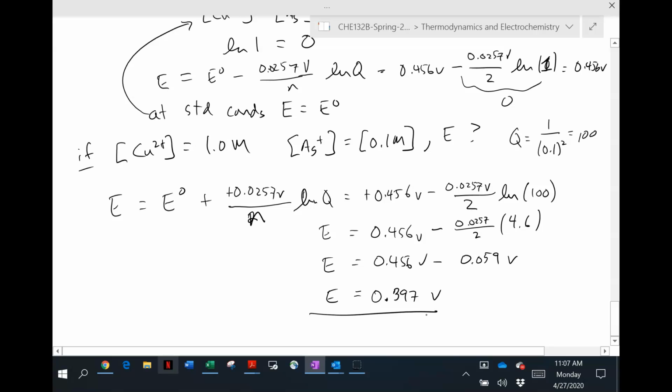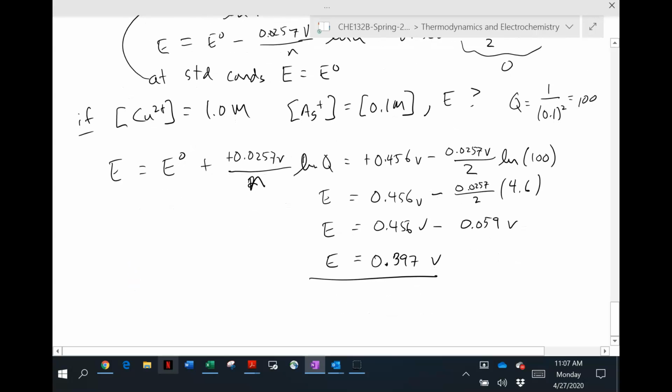So as we're running out of the reactant, we find that the driving force for the reaction, the energy we can exploit from it, is going down. The battery's going dead, if you will. So you may have questions where you have to calculate those.